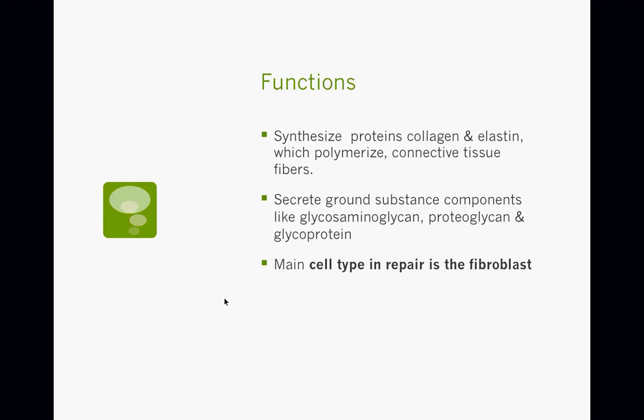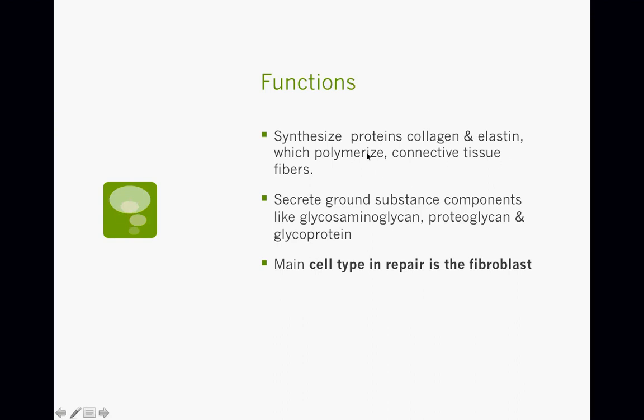Now, what is the function of the fibroblast? The fibroblast, as I said, synthesizes the components of connective tissue. And what are the components of the connective tissue? The main components are the fibers, and the fibers are made up of proteins, right?